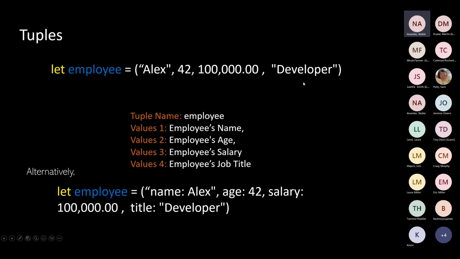But there's a way I can also store this differently, which is to store it like a dictionary. Where let employee equals to. But you might ask me, why is this a tuple and not a dictionary? Notice that a dictionary would have square braces. This is a round brace, and that's how you make the distinction here.